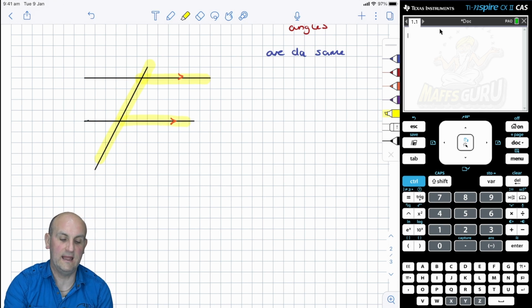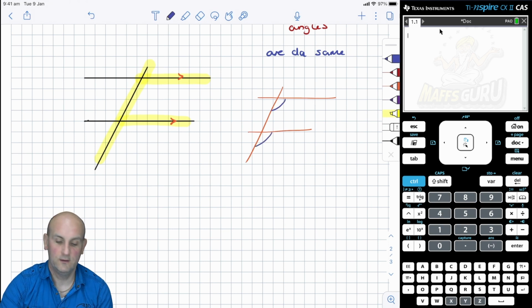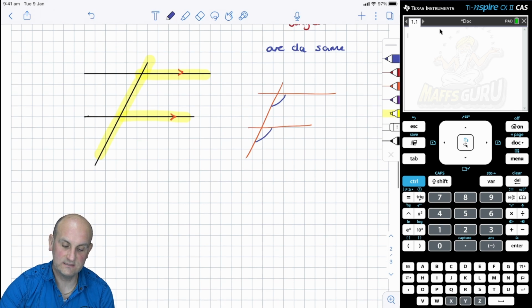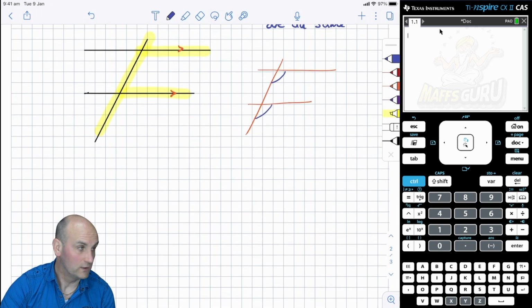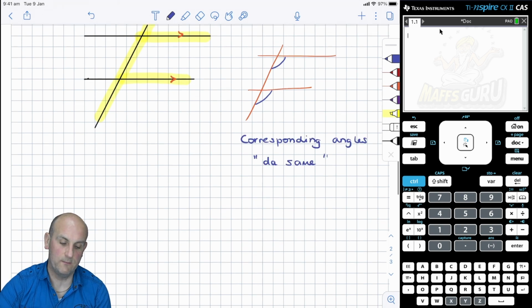Now, what is the specific rule we have here? Well, what we now know is the angles between each of those are exactly the same. Now, these are called corresponding angles. For parallel lines, they are the same.